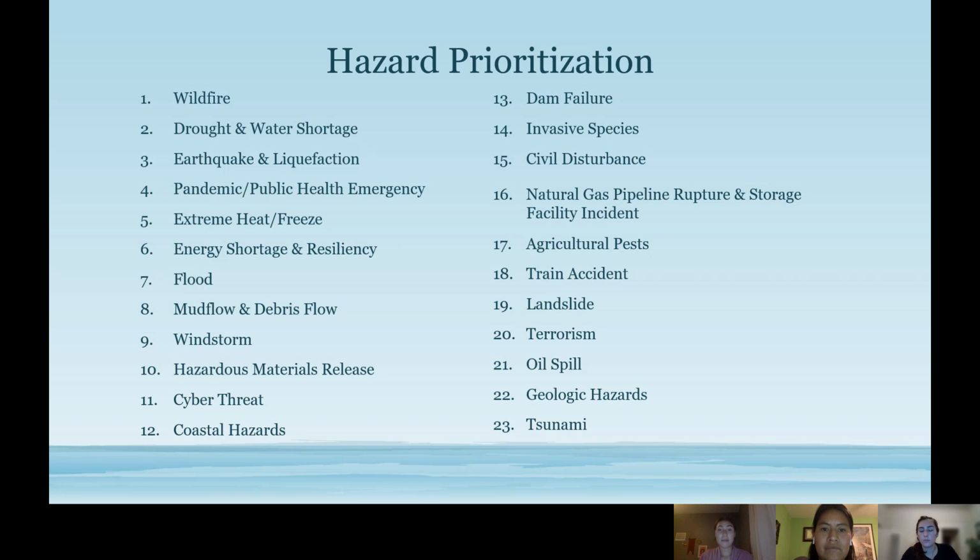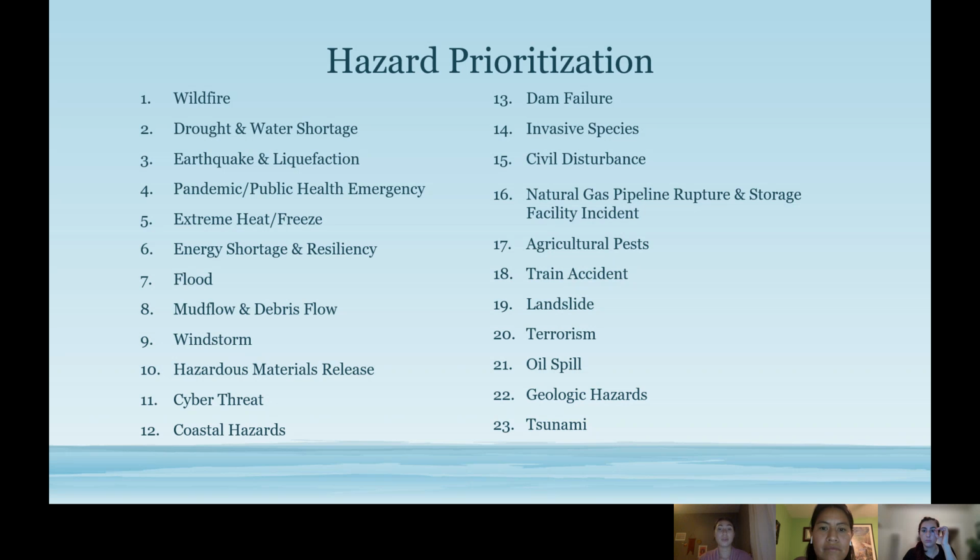All right. So this hazard prioritization is based on input from the city as well as from the Mitigation Advisory Committee and local planning teams that were a part of putting together and preparing the county's multi-jurisdictional hazard mitigation plan. So this list is consistent with the prioritization of hazards in the county's hazard mitigation plan, but it only includes hazards that are applicable to the city and does not include all of the hazards that were identified in the countywide plan.